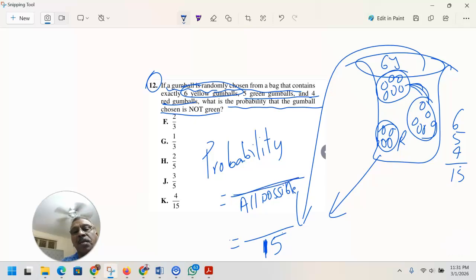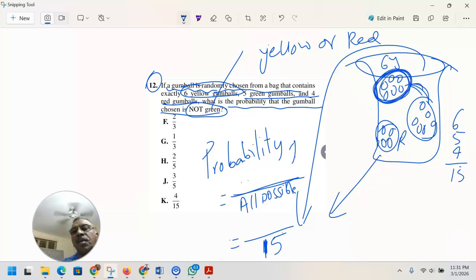But the numerator is the number of outcomes favoring the event.